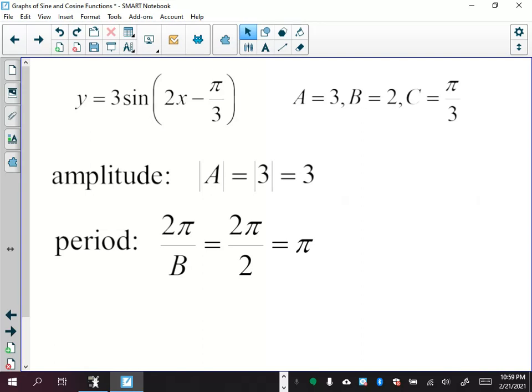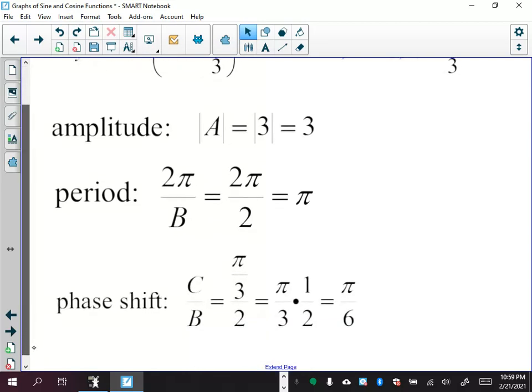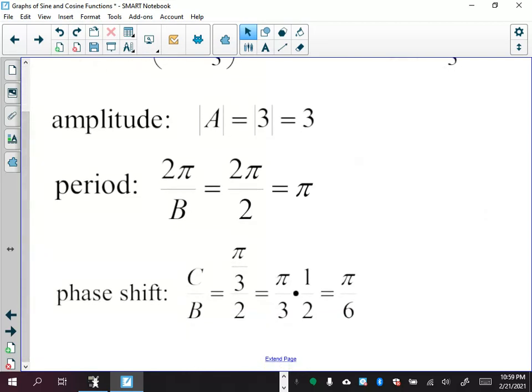So now the hard part is going to be figuring out this phase shift. There's a couple of different ways you can go: C divided by B. If that makes sense for you, then you're absolutely A-okay in doing that. So if you go with C divided by B, then you wind up with this. So C divided by B, well, we know that's pi over 3 over 2.